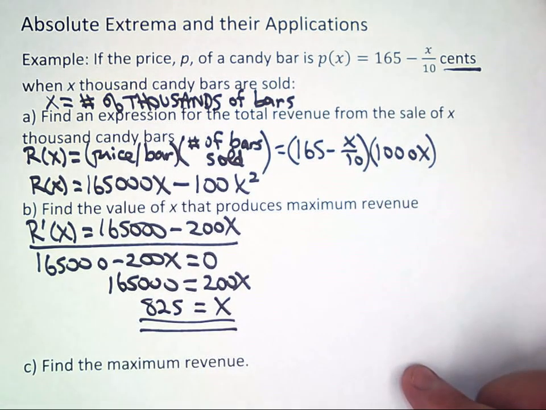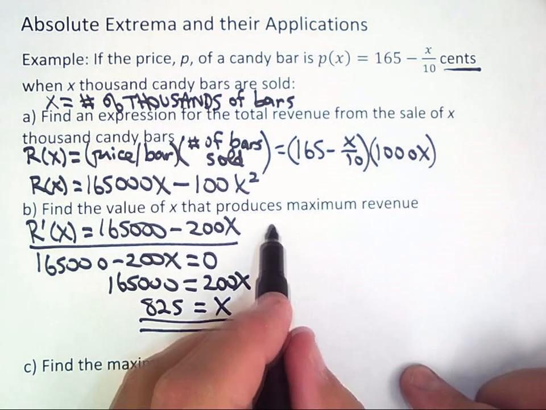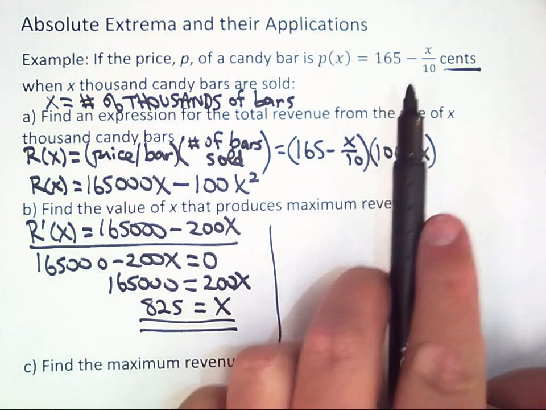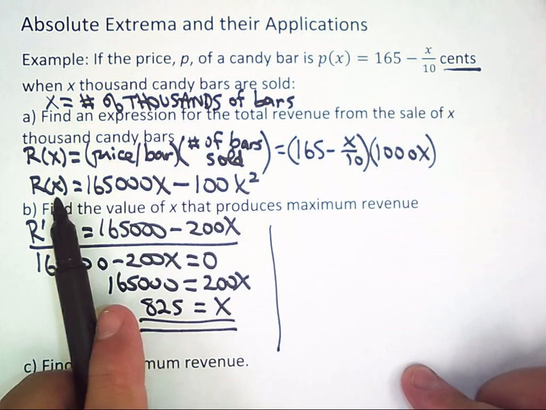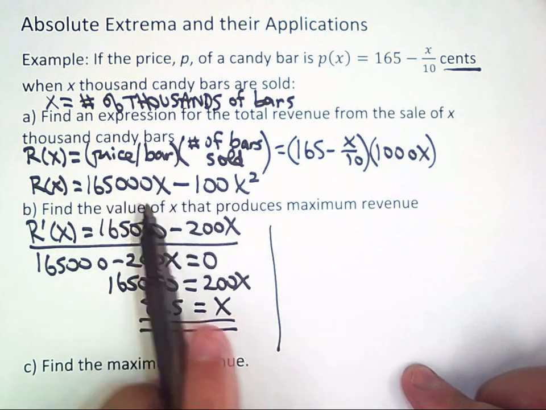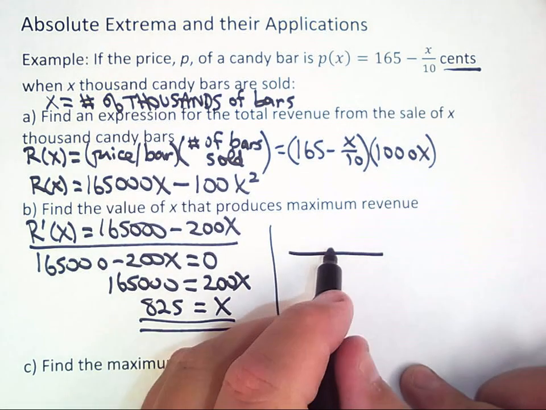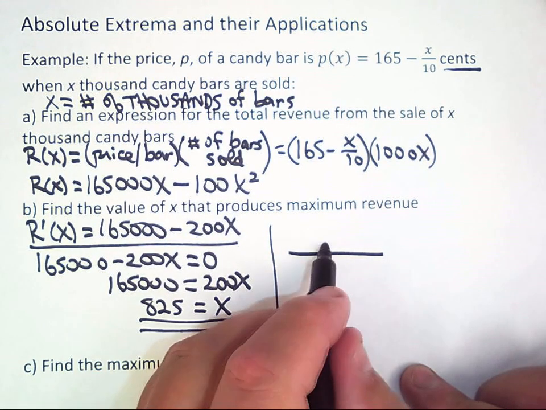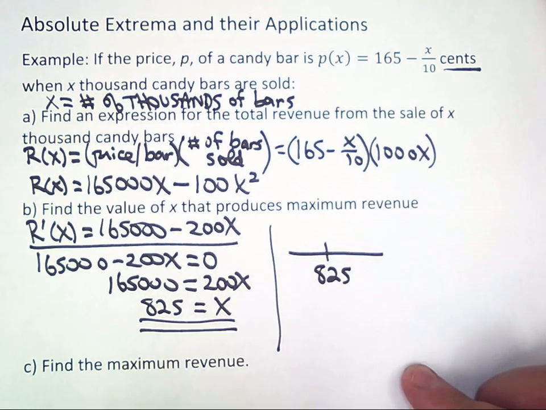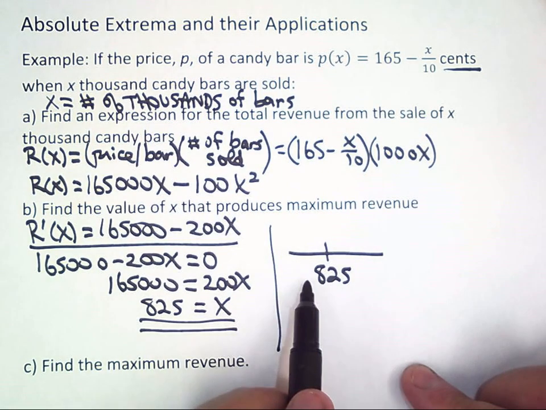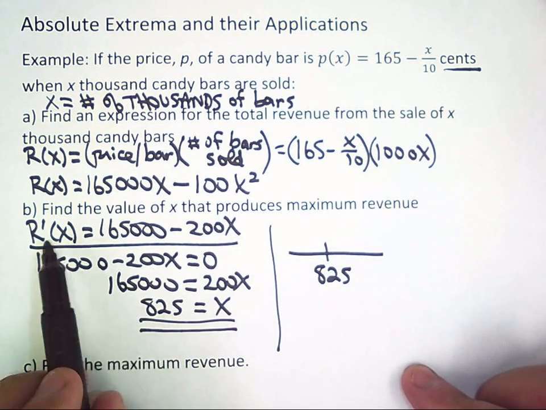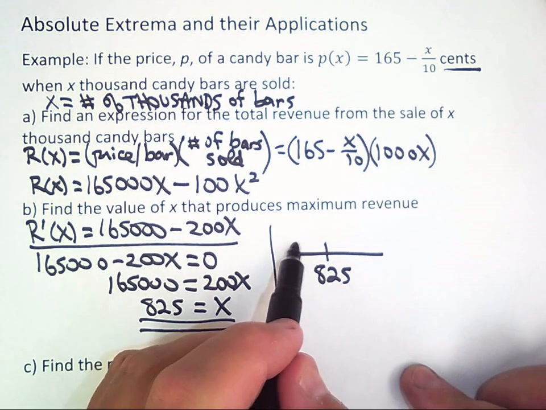It produces maximum revenue. Technically, I don't know that it's a maximum, but I do know that this is a parabola opening down. It will be a maximum. But if you wanted to actually use the first derivative test to make sure, absolutely certain, you just take a number smaller than 825, say 0, plug it in here, and you get a positive value.